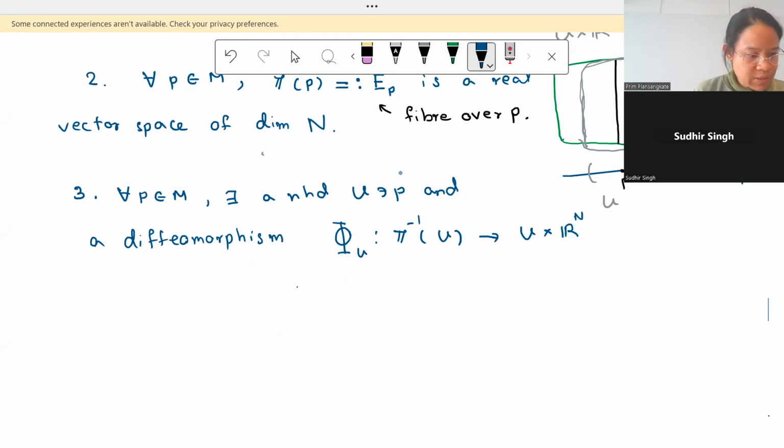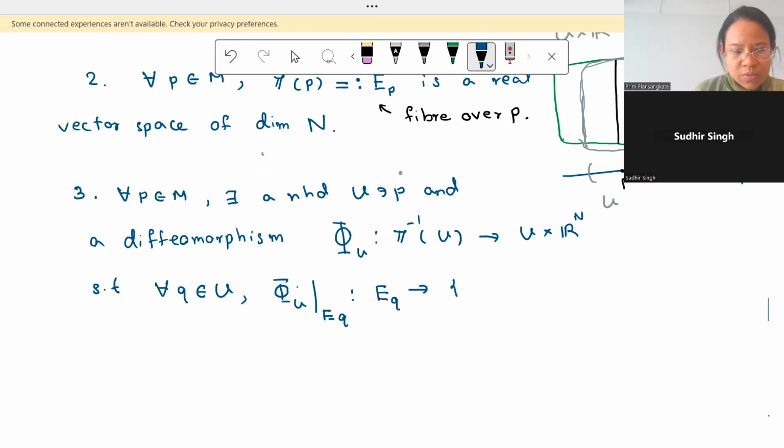So a diffeomorphism to this product such that for each point Q in this neighborhood, when we restrict this diffeomorphism onto just the fiber, this will be a map from the fiber over Q to just Q cross Rn.